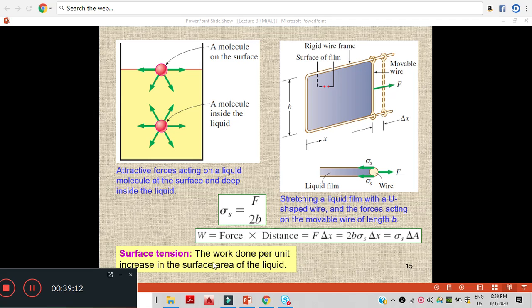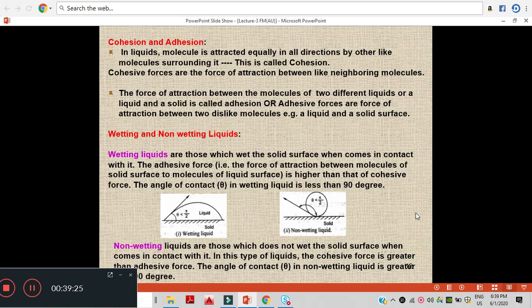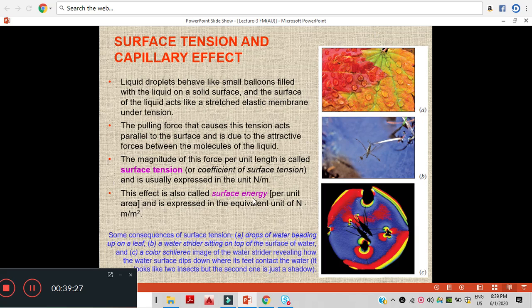So surface tension can be explained as the work done per unit increase in the surface area of the liquid. As mentioned in the previous slide, this effect is also called surface energy, and it is expressed in the equivalent unit of Newton meter per meter square.